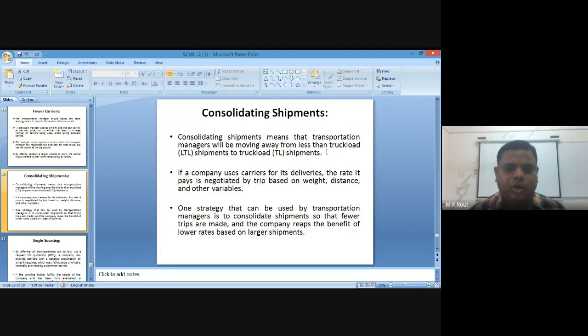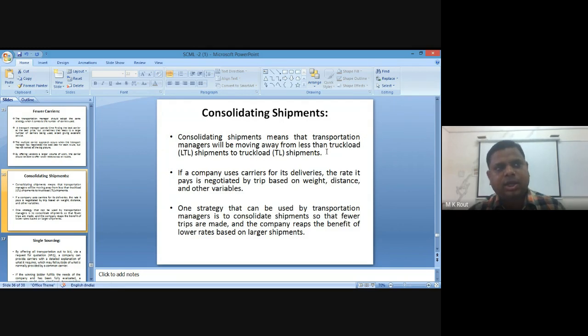suppose there are a larger number of sources and suppliers. It is difficult to go for a number of trucks or multiple carrier options. That is why most companies are using consolidated shipment.